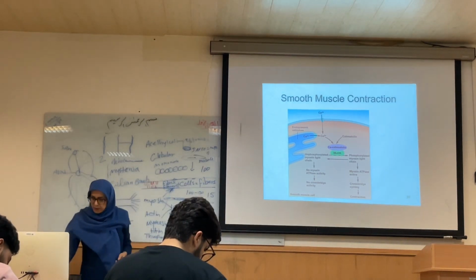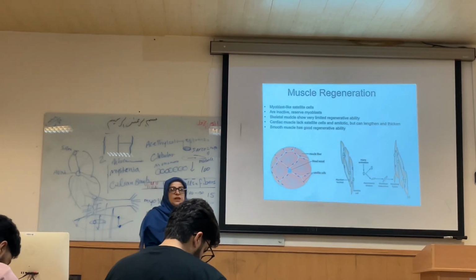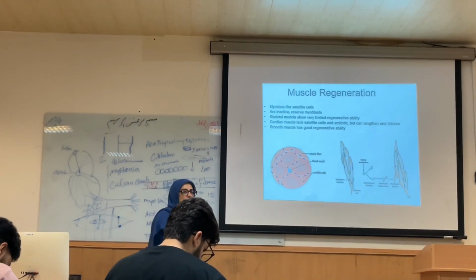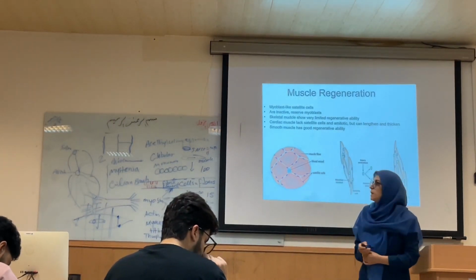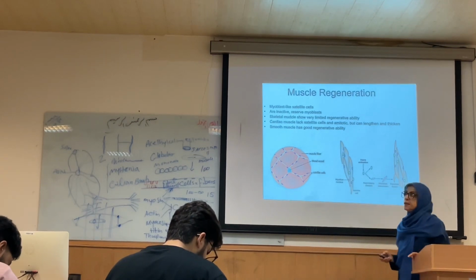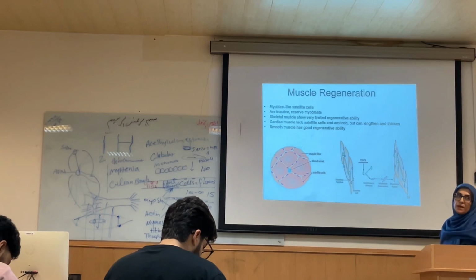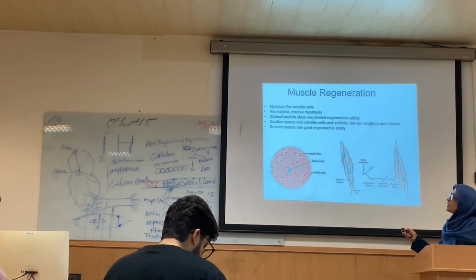Finally, about muscle regeneration, as I said in the first slide, some myoblasts remain as undifferentiated cells that we call satellite cells, which are inactive reserve myoblasts. These cells are few in skeletal muscle.